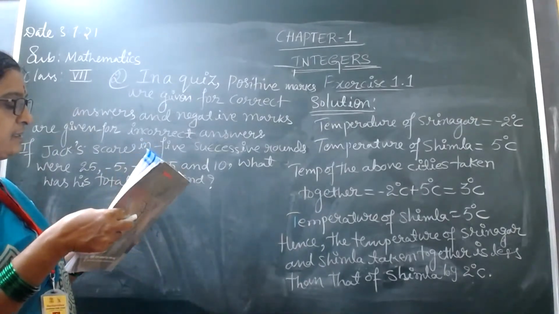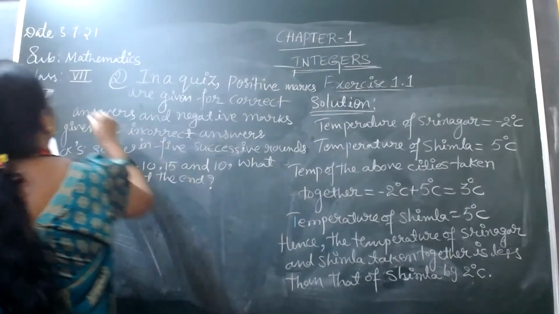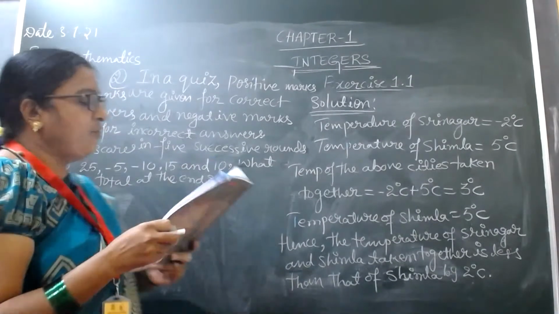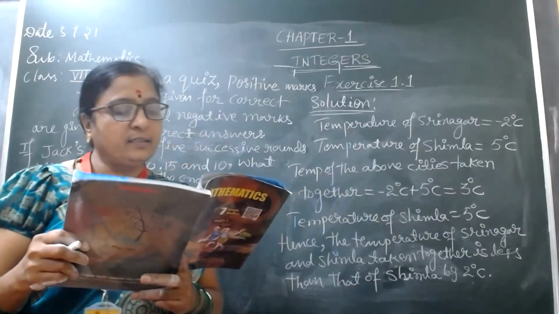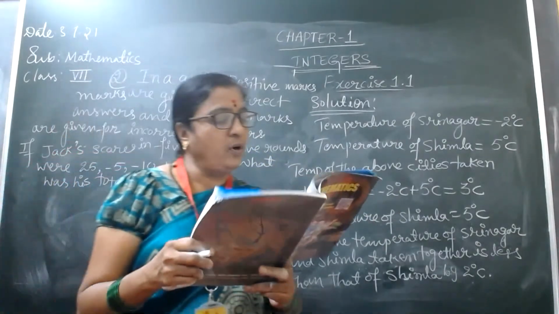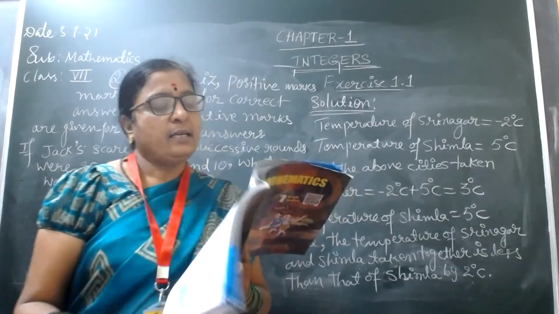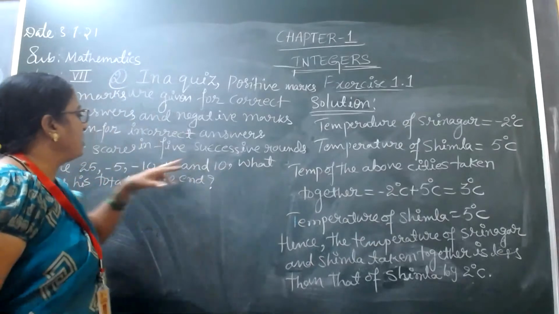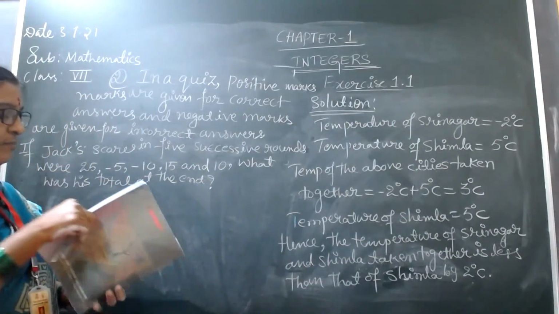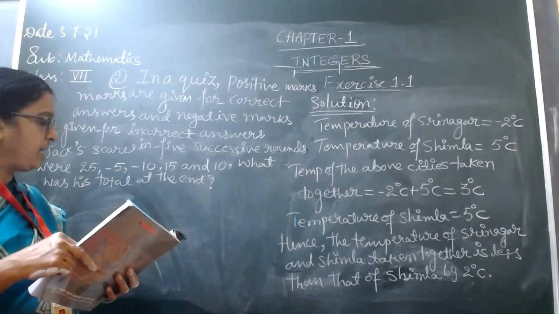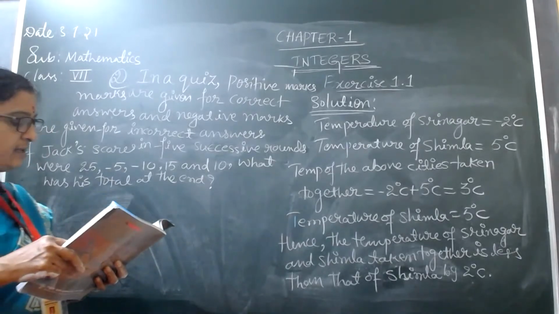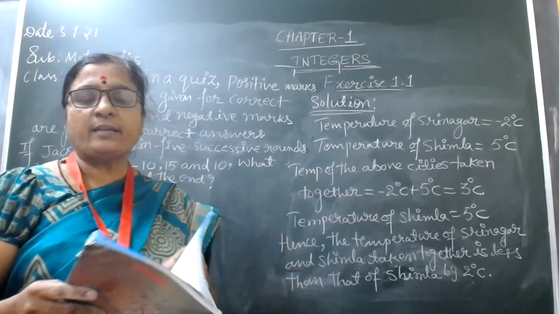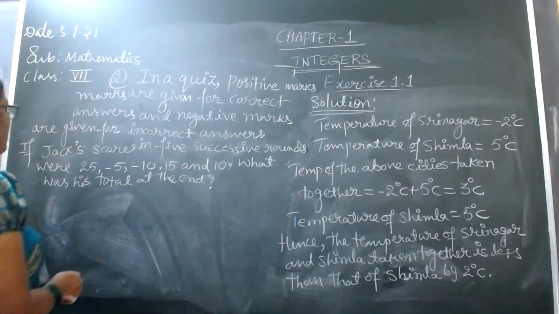In a quiz, positive marks are given for correct answers and negative marks are given for incorrect answers. If Jack's scores in 5 successive rounds are like this way: 25, minus 5, minus 10, 15, and 10. And what was his total at the end? Means, first what we should write, student? Given scores.